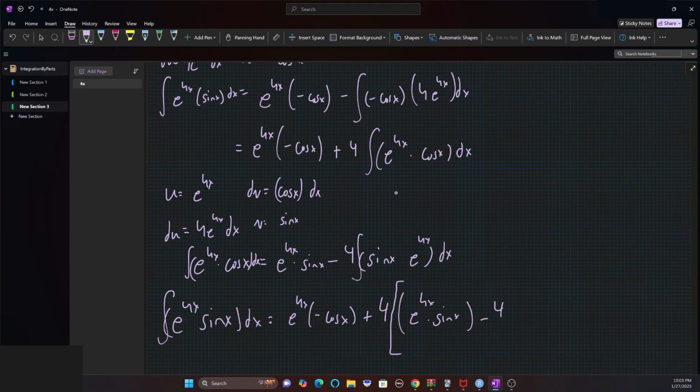So I have 4 times this entire thing, 4 times the integral of e to the 4x sine x dx, right?